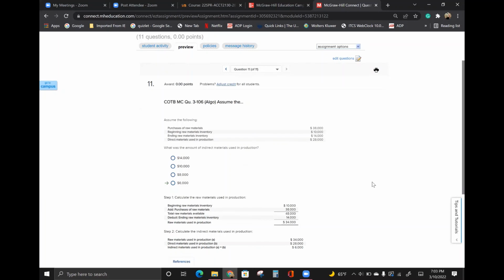So you would pull all of it, right? And then when it tells you what the direct materials used in production are up here in the given, you would pull that out, and the difference from what you had in that amount is going to be your indirect. So remember that that total is both indirect and direct materials coming out of raw material.